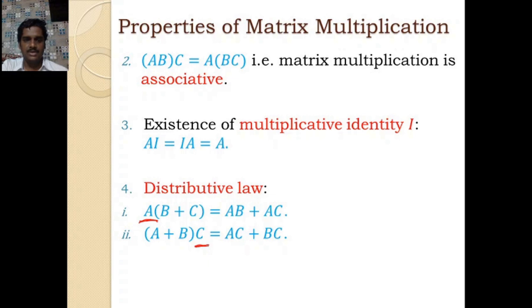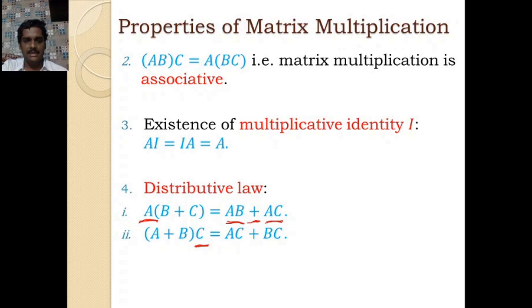Okay, so if we have A into B plus C, what we can do is this A multiplies with B to give you AB, and then this matrix addition, then this A multiplies with this C to give you AC. And in the second distributive law, this C is multiplying from the right side.